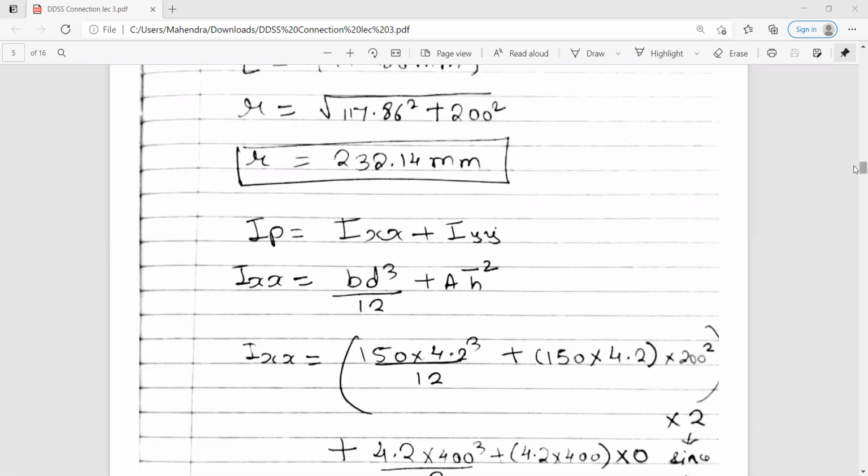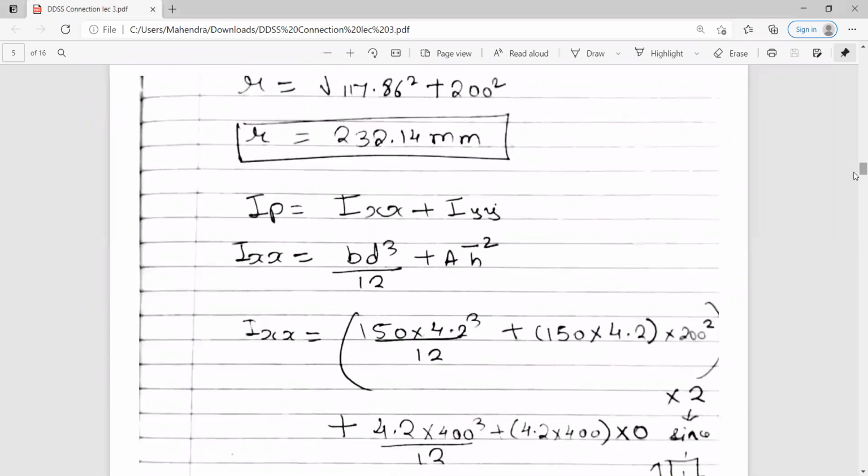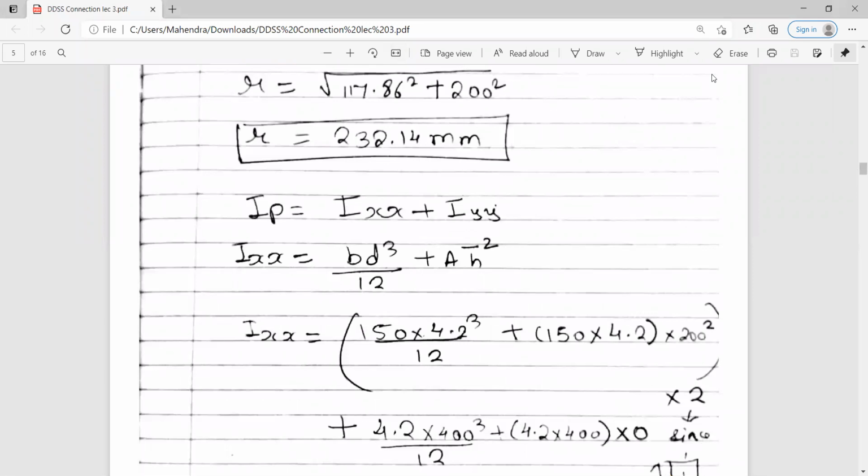So moment of inertia. The formula to calculate moment of inertia IP is nothing but Ixx plus Iyy, that is moment of inertia about x-axis plus moment of inertia about y-axis. So Ixx कैसे calculate करोगे? BD cube by 12 plus A1 H1 square.